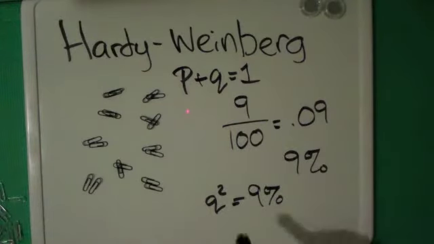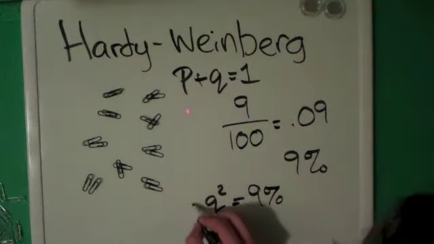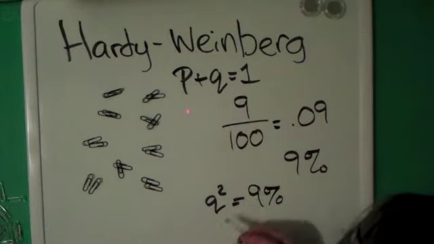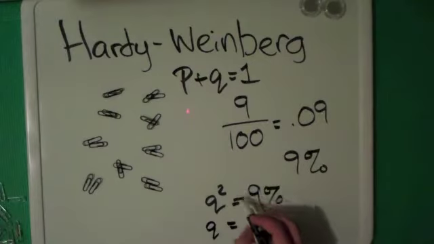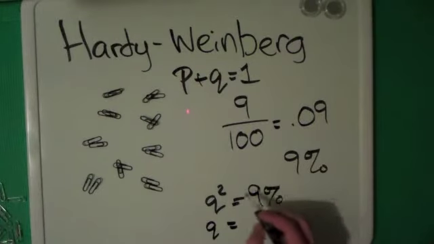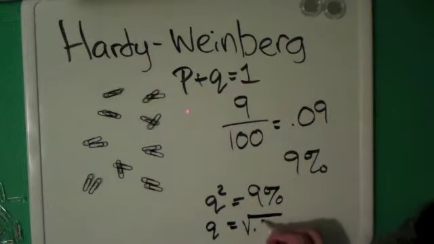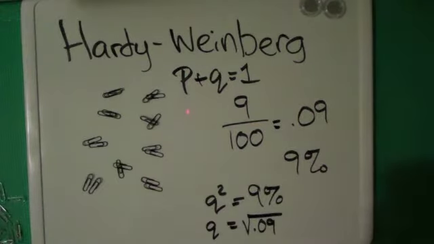If we want to solve for q, we have to take the square root of q squared to get rid of this 2 here. So you have q equals the square root, and we have to do that to both sides. So you get the square root of 0.09, and I take out my calculator to make it easier.